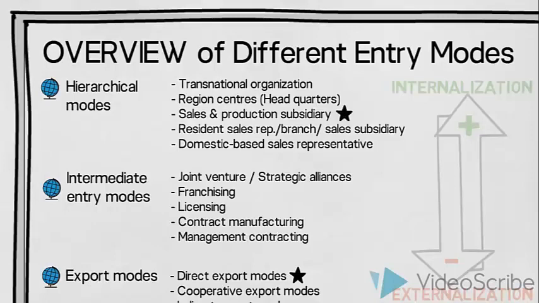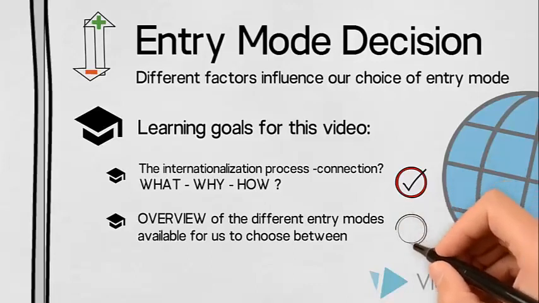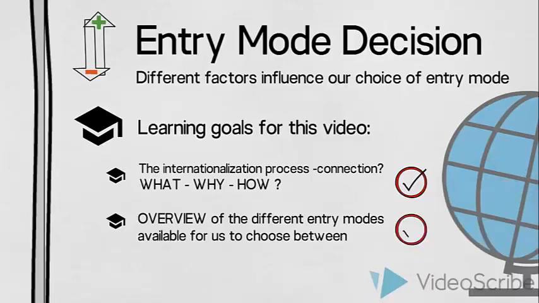Sales and production subsidiary is the mode initially considered by French Cakes in our example. In summary, we have now obtained an understanding of the what, why, and how of entry mode decision. And finally, we have provided an overview of the different types of entry modes.